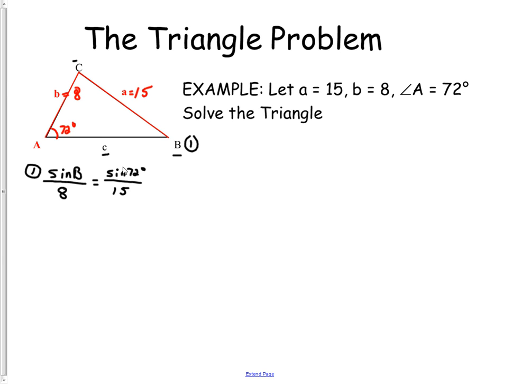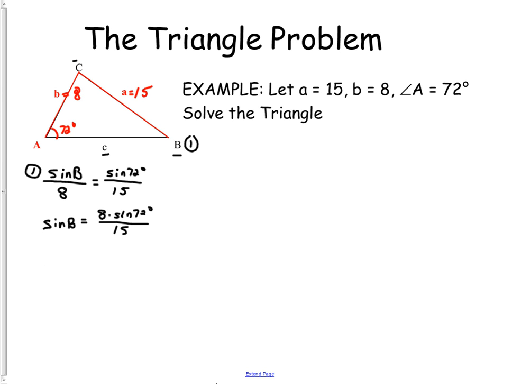All right, so if I'm going to solve for sine B, here's what I'm going to do. I will say that the sine of angle B, whatever it is, will be equal to 8 times the sine of 72 degrees, whatever that turns out to be, divided by 15.